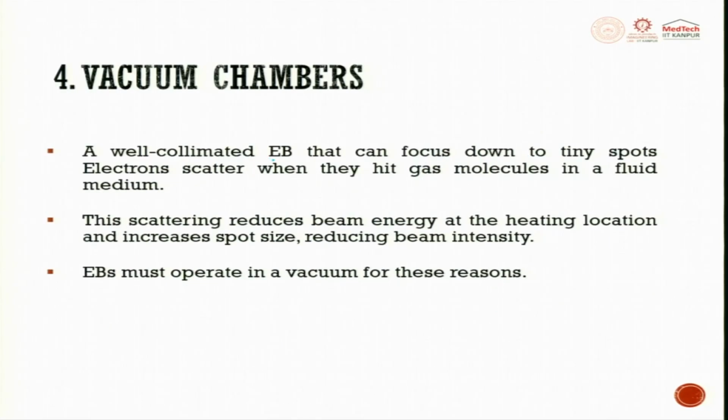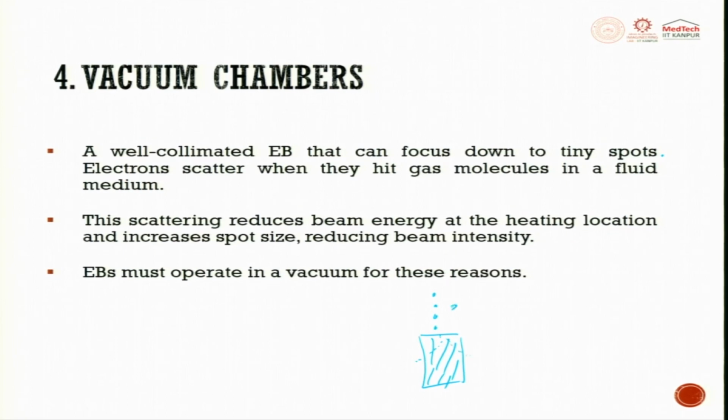A well collimated electron beam can focus down to a tiny spot. Electrons scatter when they hit gas molecules in the fluid media. So, when an electron is coming, assuming there is a fluid or air, it tries to hit and it gets deflected out.